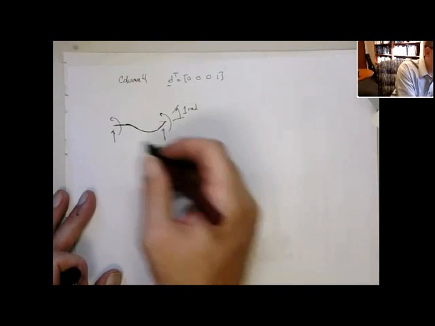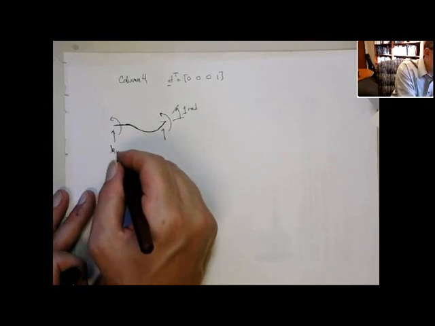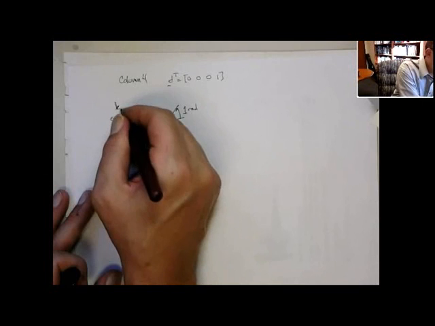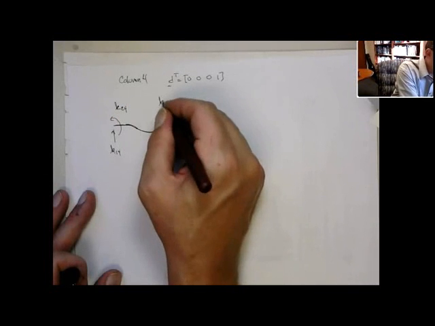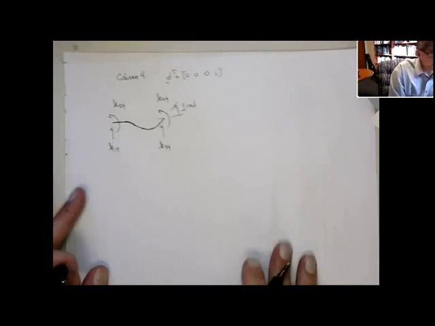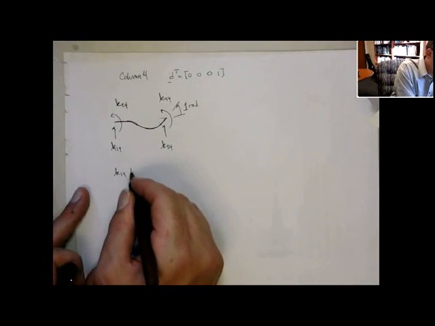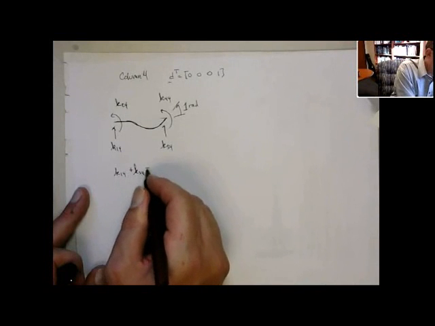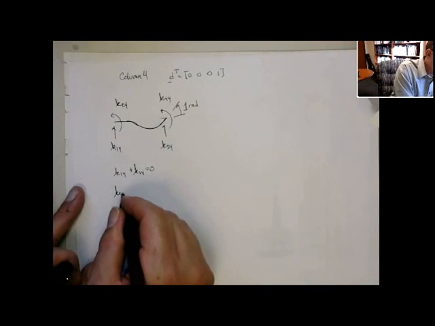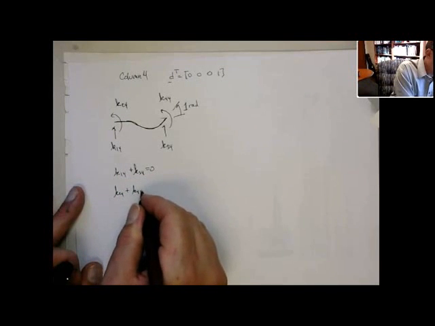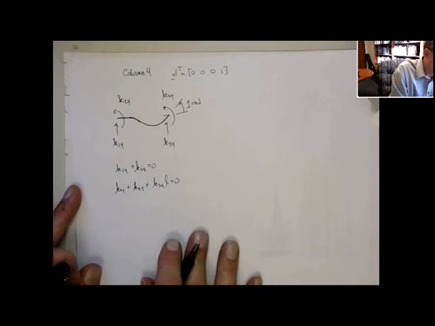All right, so in this case, it's going to be the 4th column. So this is K14, K24, K34, and K44. And now we go through the same equations. Sum of forces in the y: K14 plus K34 has to equal 0. Sum of moments around A: K24 plus K44 plus K34 times L has to equal 0.